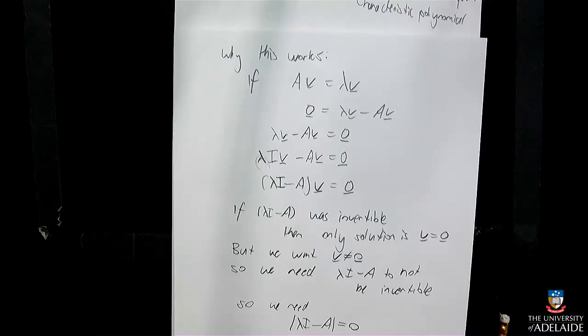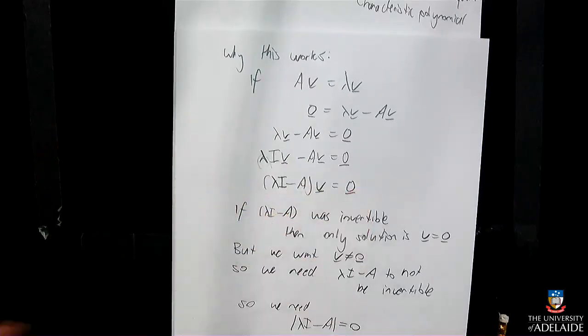So it's the coolest trick. It's so clever. So you know that big list of things you were taught probably in Maths 1A that says when is a matrix invertible or not? We've just connected two of them together. A matrix isn't invertible when its determinant is 0, and a matrix isn't invertible if when you multiply it by a vector you're able to get the answer 0 without that vector being 0.